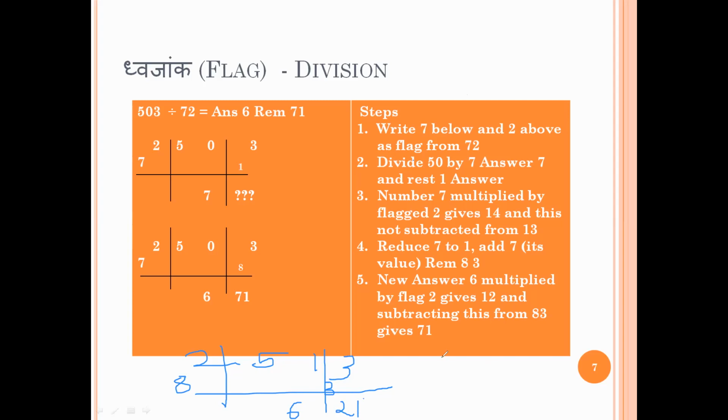The original problem was 513 divided by 82. Answer is 6, remainder is 21. Even if we don't know the table of 82, it is fine. This method is very easy to do. Clear? Yes, sir. Very simple technique.